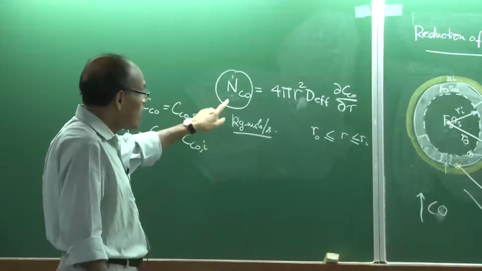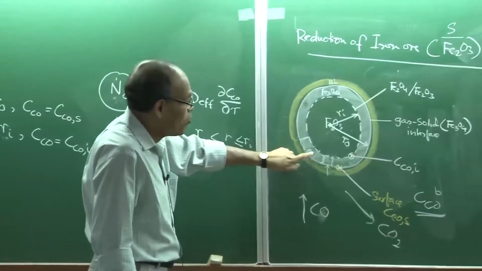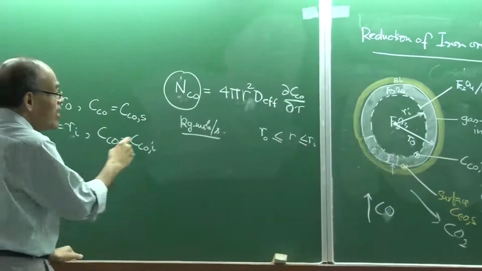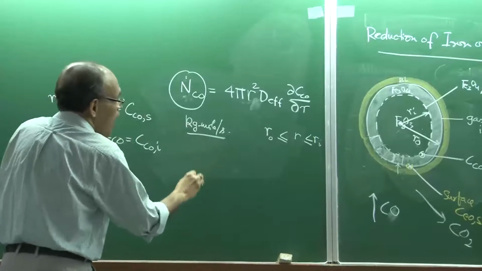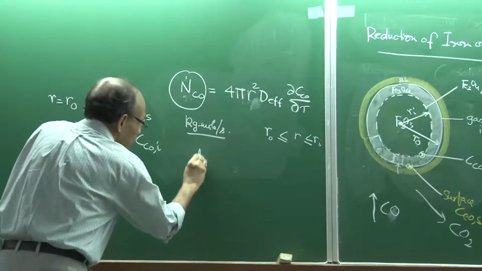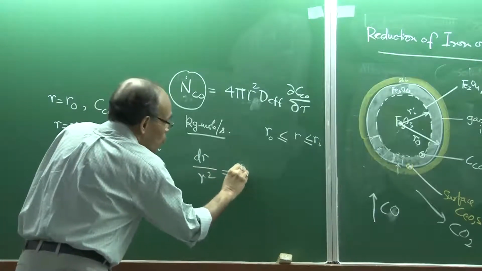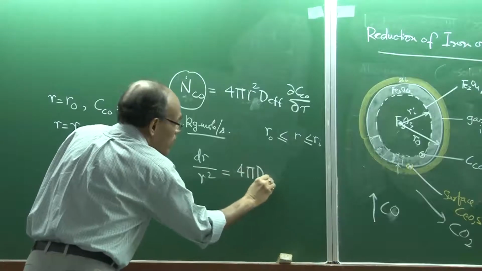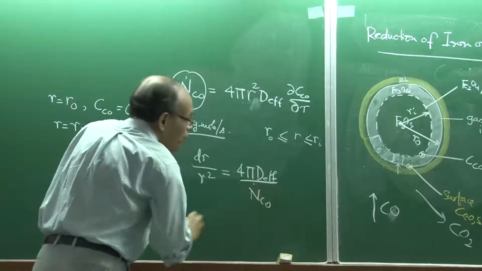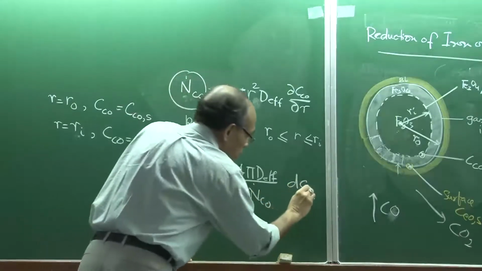Now in this particular case, this is not the flux, so this is constant whether you take it here, here, or here, and therefore one should be able to integrate this expression. And how do you integrate this? We can say that is the way one should integrate 4 pi D effective by N dot CO and dCCO.